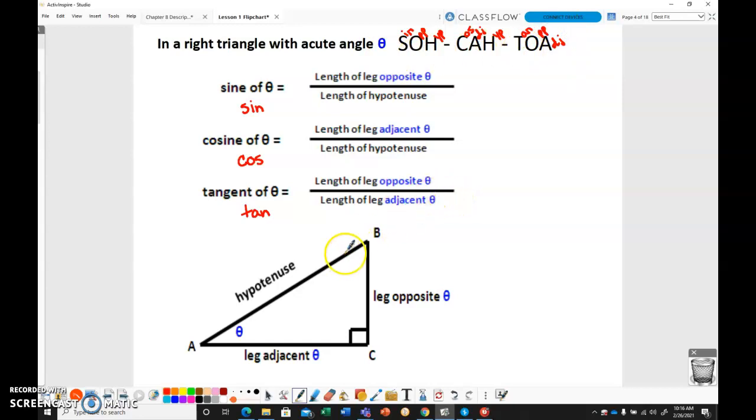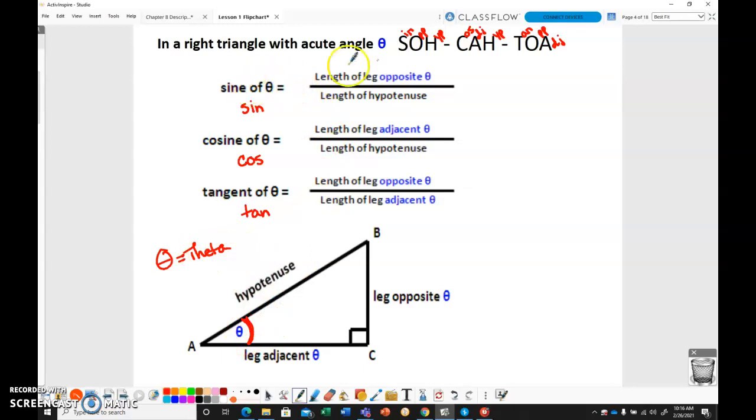So what I want to do is look at what sides I'm talking about. All right, so the sine, let's just say we're talking about, because this one's labeled as angle A, that's what they've put, theta. This is theta. It's a Greek letter that we use for angle measurements.